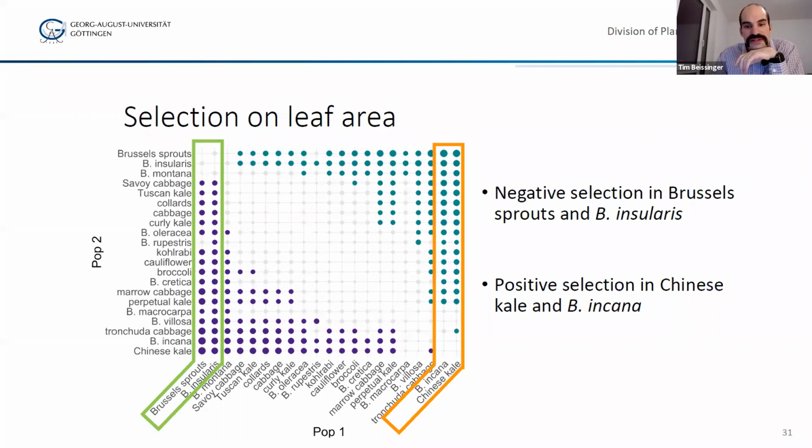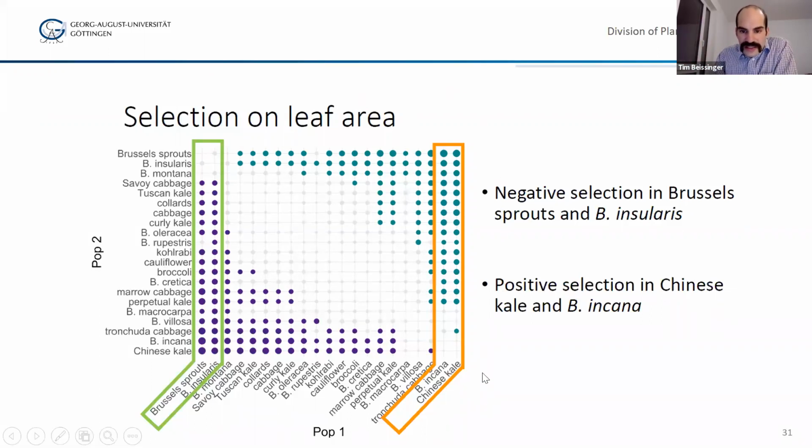So for instance, here when she looks at Brussels sprouts compared to kale, she's saying were Brussels sprouts and kale divergently selected for leaf area based on GHAT. And a colored dot means there was a significant GHAT statistic, and the size of the dot has to do with the strength of the evidence or the level of significance in the test.